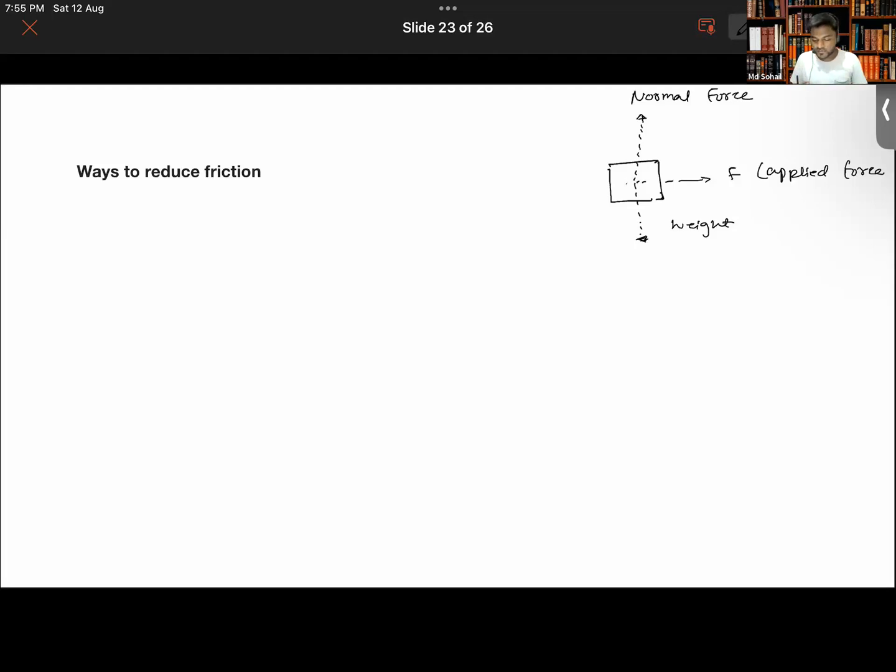Now this body must be applying some resistance to the force applied here, that we know as friction, right? Now, talking about the friction formula. What is the friction formula here?